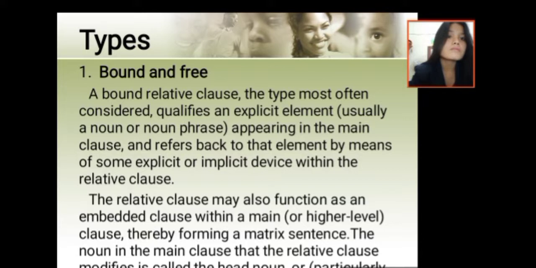The relative clause may also function as an embedded clause within a main or higher level clause, thereby forming a matrix sentence. The noun in the main clause that the relative clause modifies is called the head noun or antecedent.